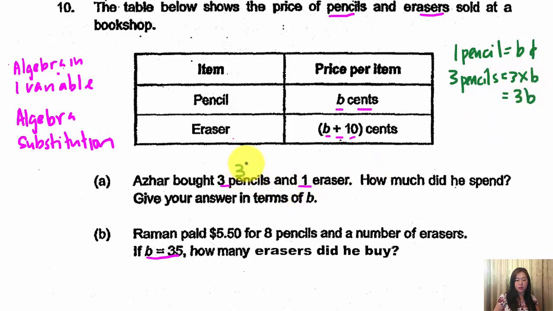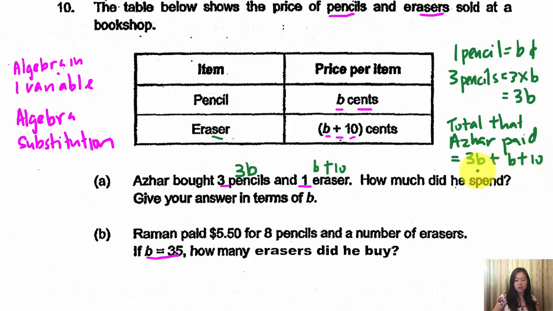So here we know this is 3B, and since 1 eraser is B plus 10, the total that Aisha paid is equal to 3B plus B plus 10, which is equal to 4B plus 10. And remember to put your brackets and the word cents in your answer. So now let's look at Raman's story.